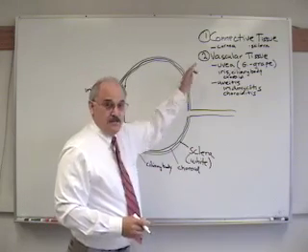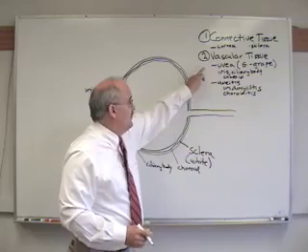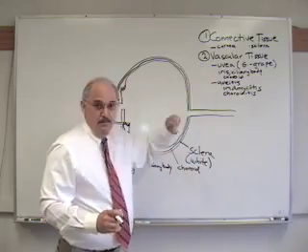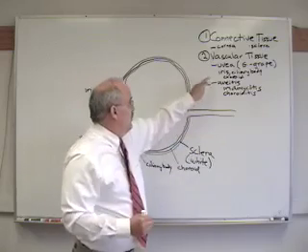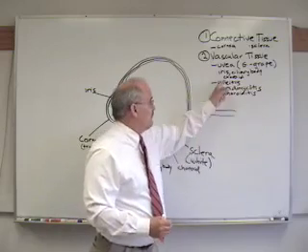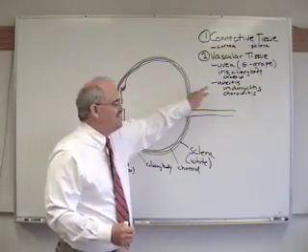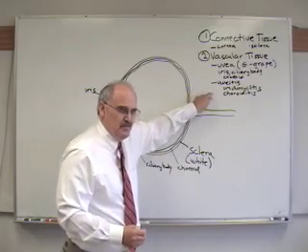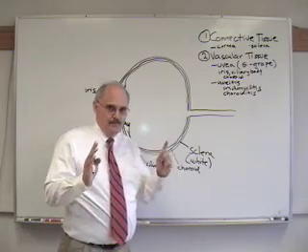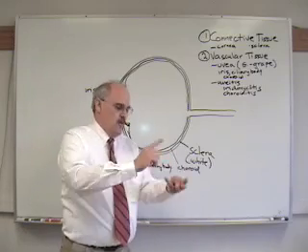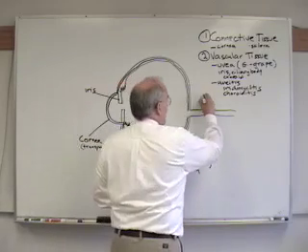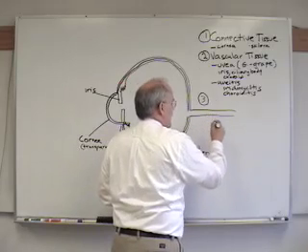And then the next layer in is the vascular layer. The vascular layer is called the uvea, which is Greek for grape, and that has three components. One, the iris, two, the ciliary body, and three, the choroid. And that has a tendency to be involved with inflammation. Okay? The third layer in, what kind of tissue is the third layer?